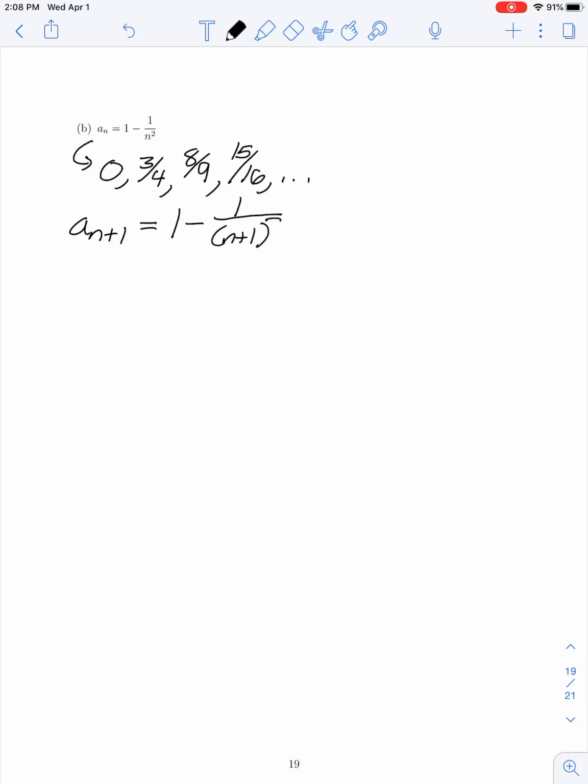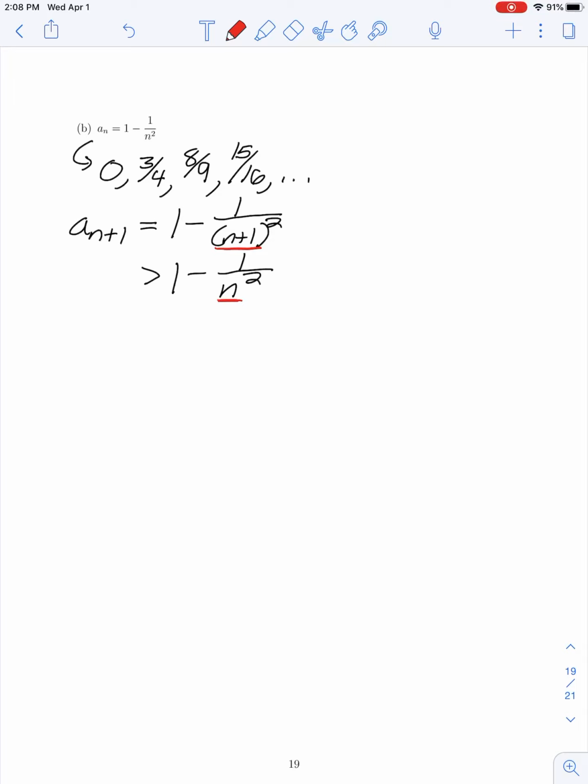One way to do this would be to compare the a sub n plus 1 term to the a sub n term. Here we would have 1 minus 1/(n plus 1) quantity squared for our a sub n plus 1 term. If we compare this with the term a sub n, this term would be larger than 1 minus 1/n squared.